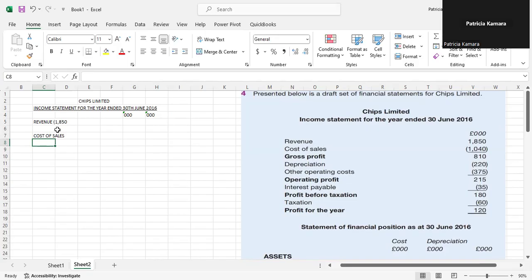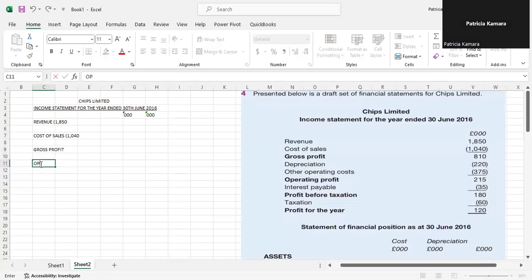So here, the cost of sales figure they've given us is 1,040. So when we deduct cost of sales from revenue, we arrive at gross profit. Gross profit is something that we have to calculate, so we are not going to have the 810 over here.